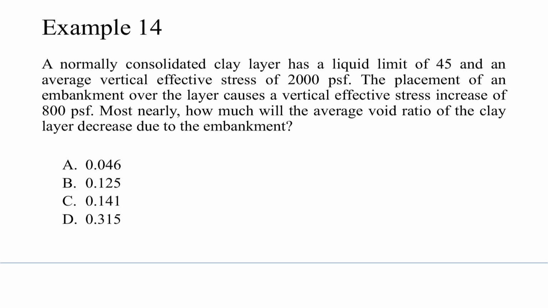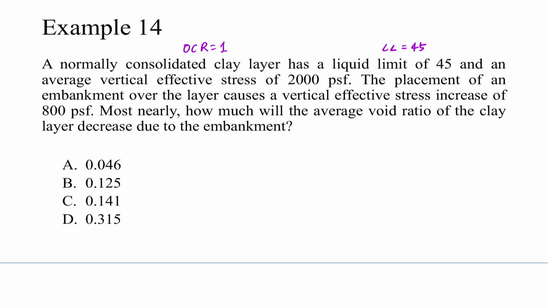So we have the normally consolidated clay, and basically OCR, the overconsolidation ratio, is 1. We have the liquid limit is 45. And we know the average vertical effective stress is 2,000. That is the current, existing stress level that the soil is experiencing right now.